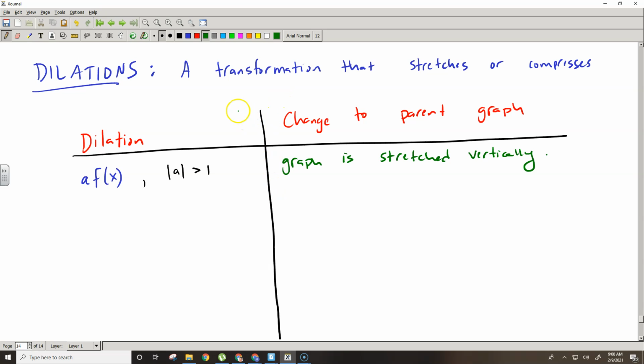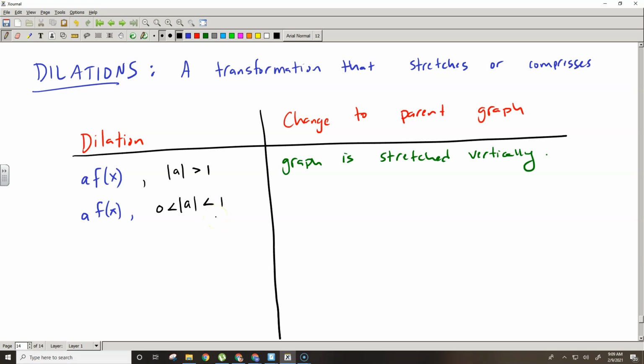Now, if we have something where a is below 1, right? So let's say we have a times f of x, but in this case, the absolute value of a is in between 0 and 1, so it's really close to 0.